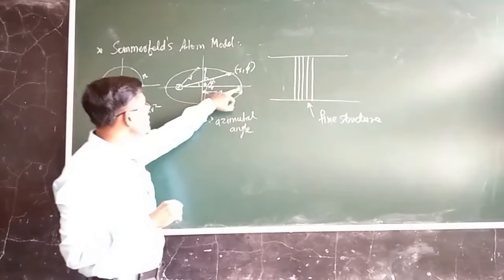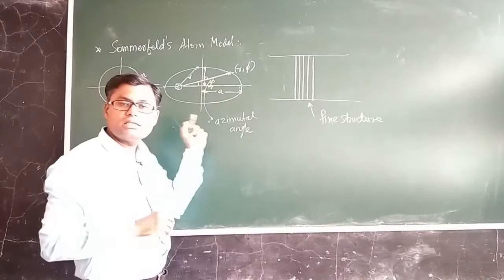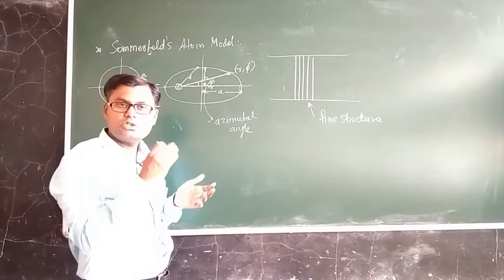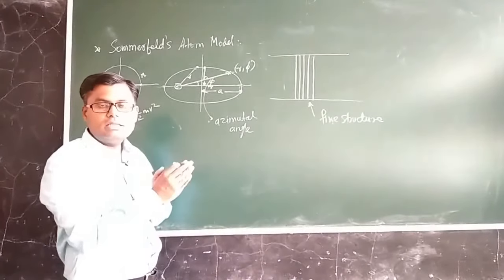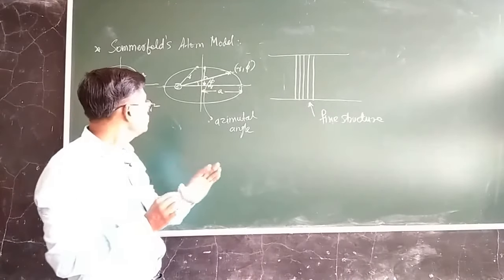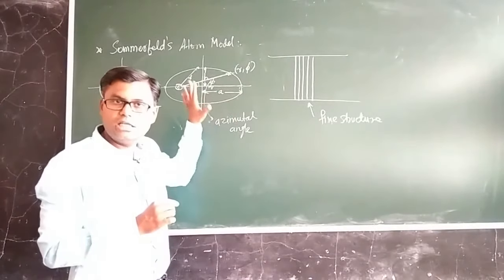But when the electron moves in an elliptical orbit, its radius vector, speed and therefore energy change continuously. Therefore Sommerfeld assumed that there should be two quantum numbers associated with the motion of the electron in the elliptical orbit.